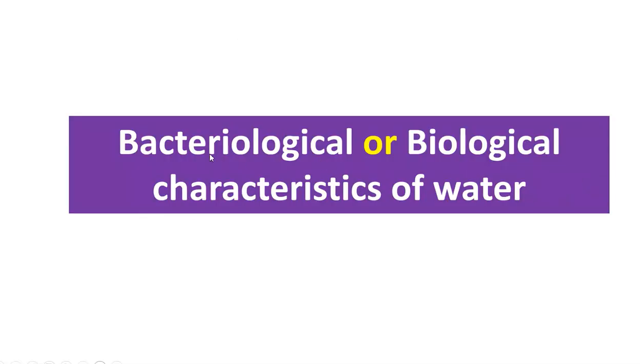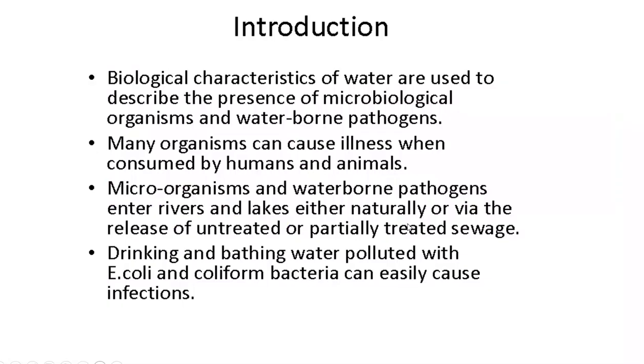Then we have the bacteriological or biological characteristics of water. Biological characteristics of water are used to describe the presence of microbes, organisms, and waterborne pathogens. Many organisms can cause illness when consumed by humans and animals.